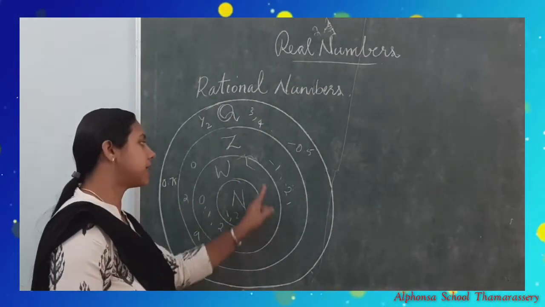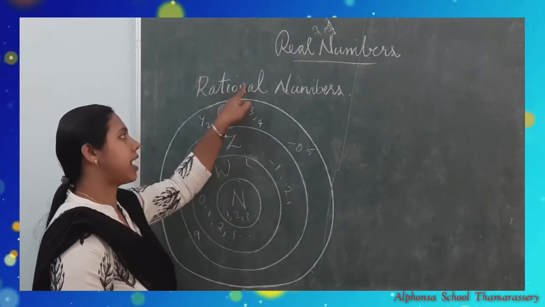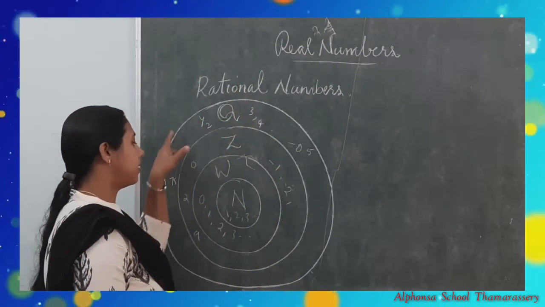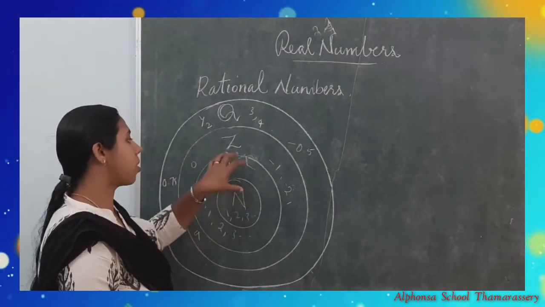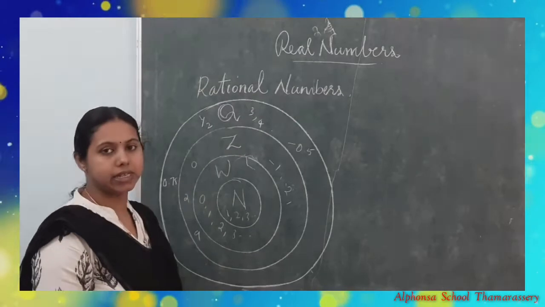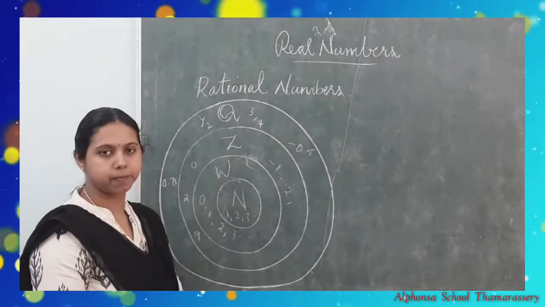All whole numbers are rational numbers. All integers are rational numbers. That means rational numbers include natural numbers, whole numbers and integers. That big family is known as rational numbers.